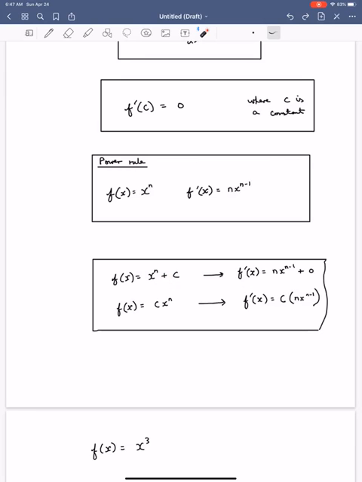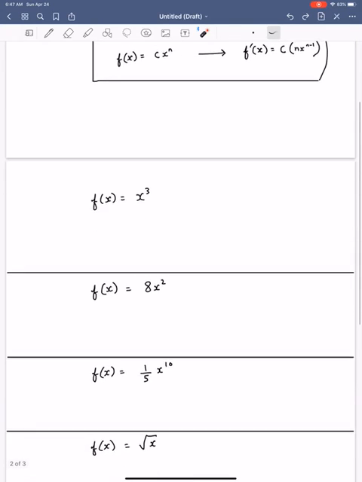For example, here, x to the power of n plus c, you basically just do the power rule here, and then derive the constant, and then you add it together the way it was. And if you're multiplying a constant by a function, basically keep that constant aside for a second, and just derive the function itself, and then multiply the derived form with the constant.